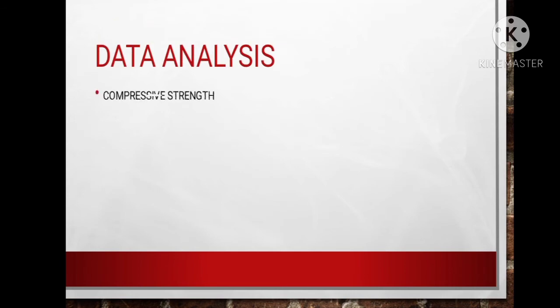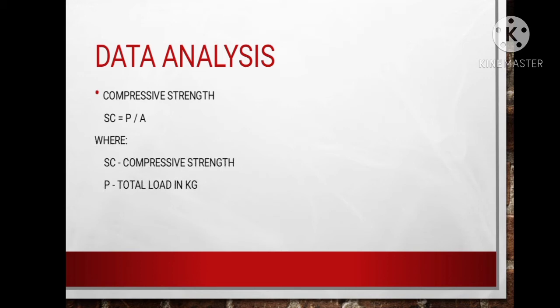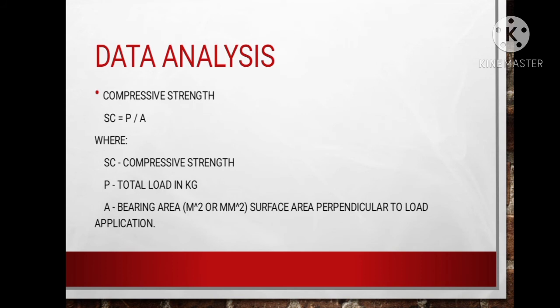To find compressive strength of wood, we use the formula SC is equal to P over A, where SC is the compressive strength, P is the total load in kilogram, and A is the bearing area in meter squared or millimeter squared, the surface area perpendicular to load application.